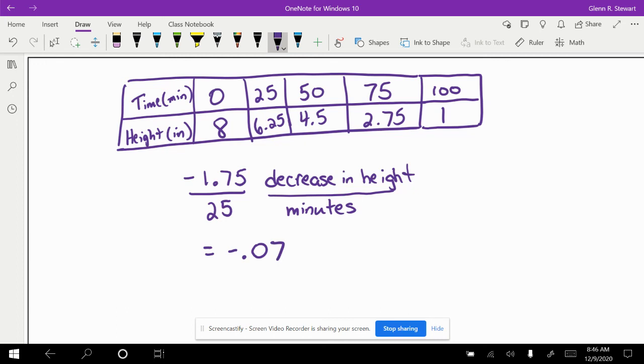Now it's also asking us what does the numerator represent? Okay. Because if I put this over 1, this is essentially the slope in decimal form.